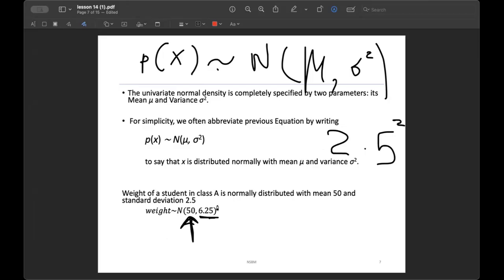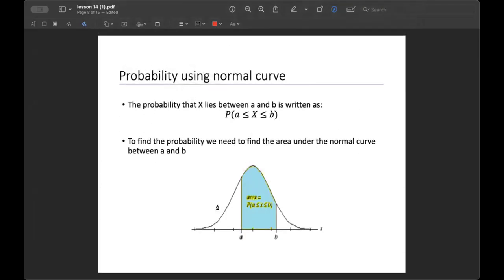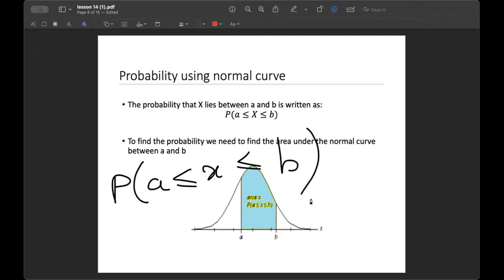Okay, then the probability using the normal curve. How do we calculate probabilities with the use of these normal curves? The probability that x lies between a and b is written as the probability that a is less than or equal to x, and x is less than or equal to b.